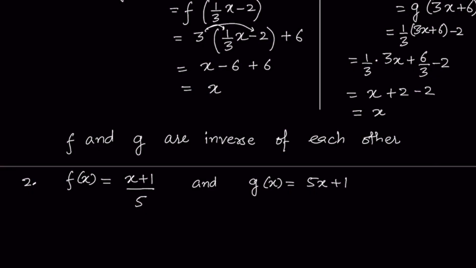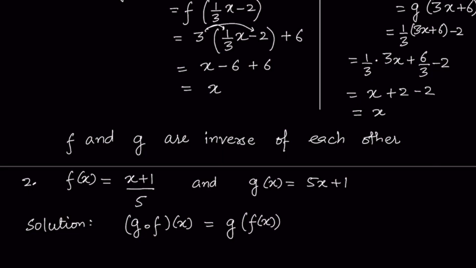Let's check if they are inverse of each other or not. Which means g composition f and f composition g, if both are equal to x, then we will say f and g are inverse, otherwise not.